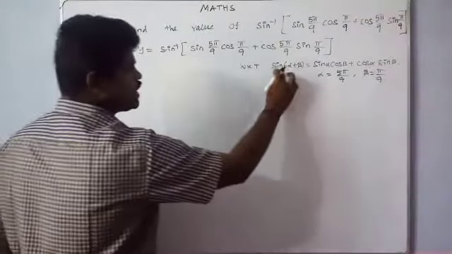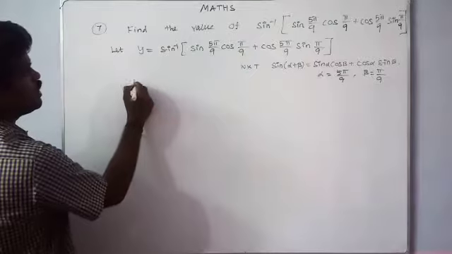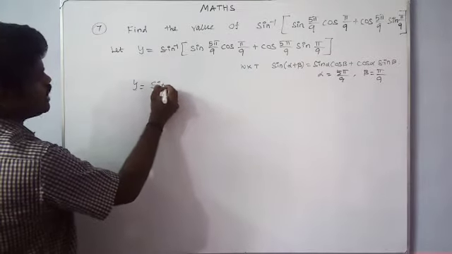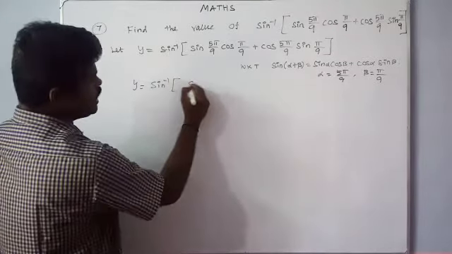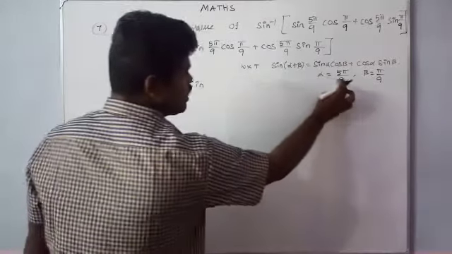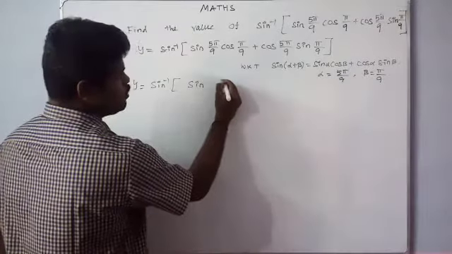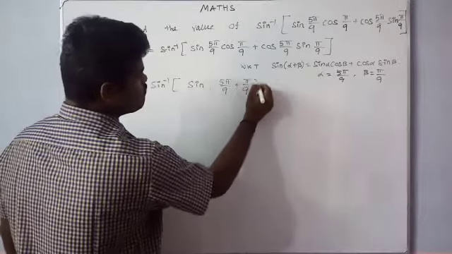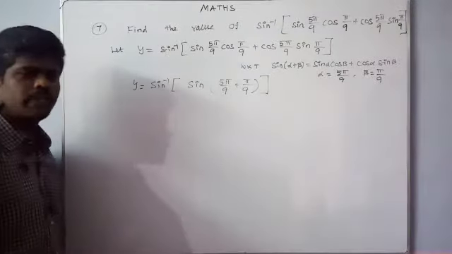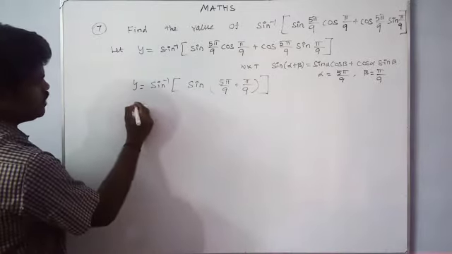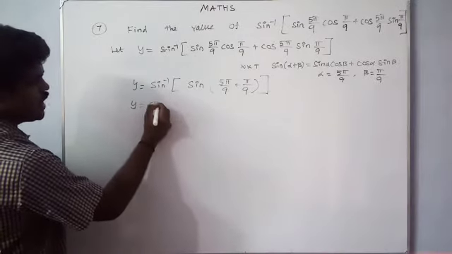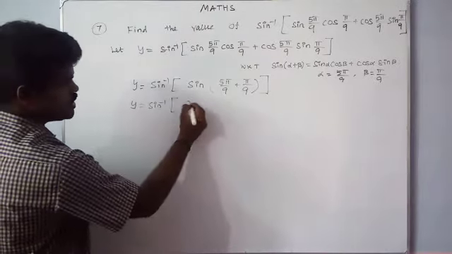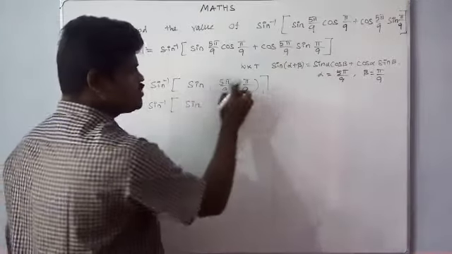So we can write sin of alpha plus beta. Now y is equal to sin inverse of sin of alpha plus beta, which means 5 pi by 9 plus pi by 9. Okay. Now y is equal to sin inverse of sin of 6 pi by 9.